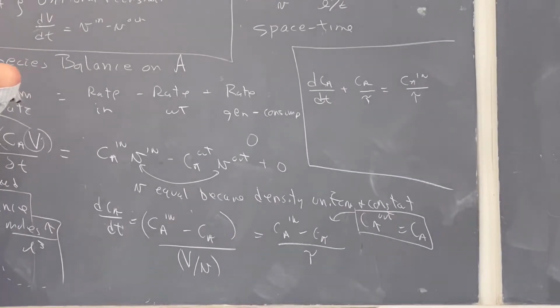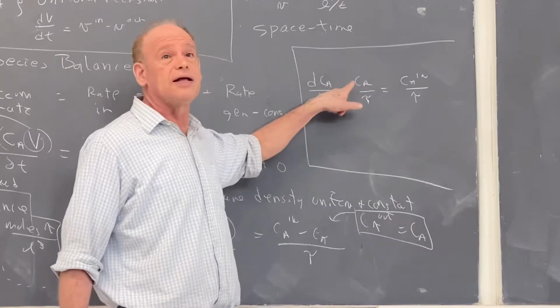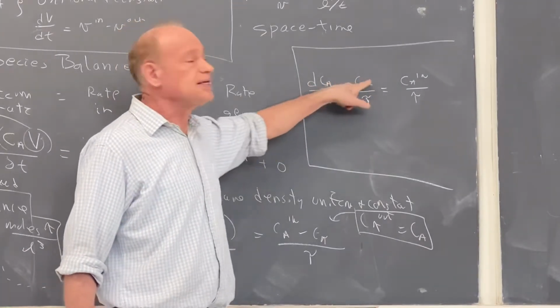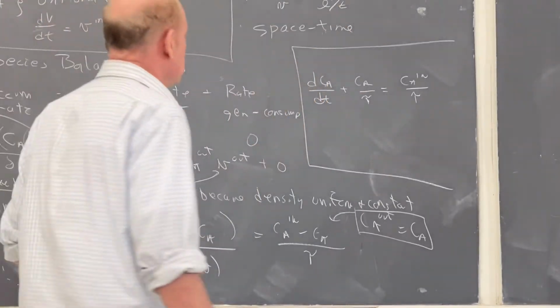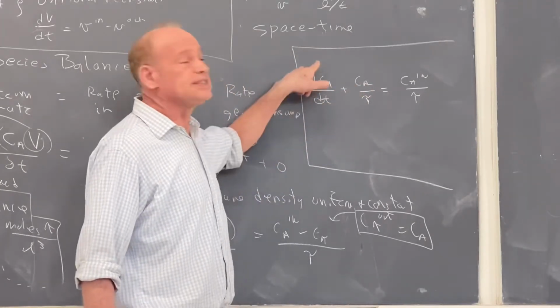That's the equation I want to solve. And this is a linear equation because Ca's are not multiplied by each other or raised to any power. Every term has precisely either one Ca or no Ca's. So it's linear, and it's first order because there's a first derivative.